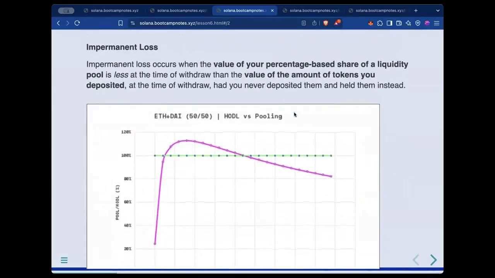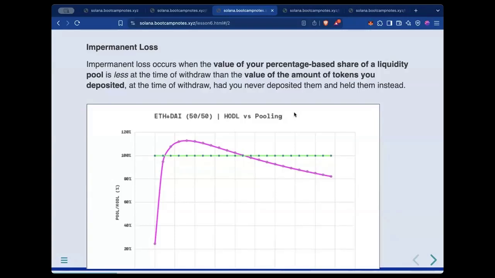And then the final thing is more to do with providing liquidity, where when you provide the liquidity, you are effectively locking up your tokens. You're providing tokens, they're going into the pool, and presumably they're going to be there for a while. You will get more back than you put in because you get the fees that are being added to the pool. But it could be that in the time that your tokens have been in that pool, their real world value may have dropped.